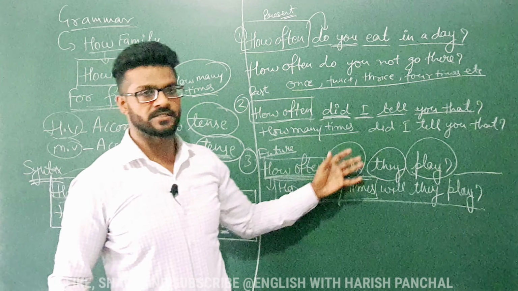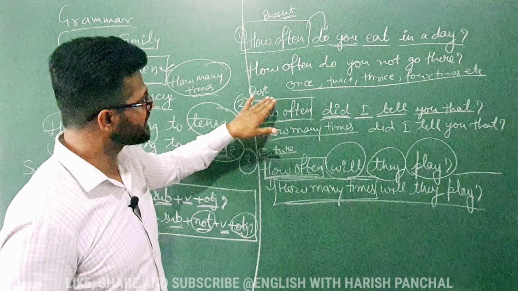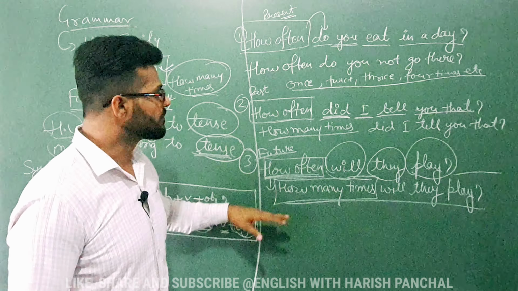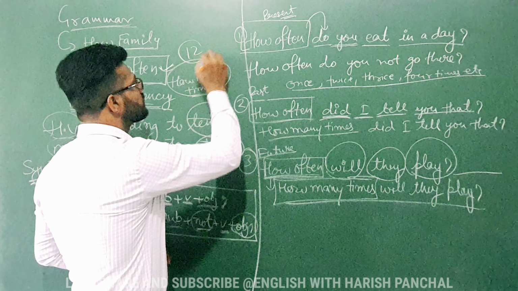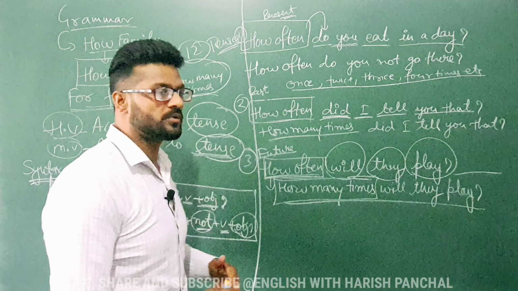So these are the three examples which I told you. The first sentence belongs to simple present tense, the second to simple past tense, and the third to simple future. Like this you can practice all the 12 tenses.